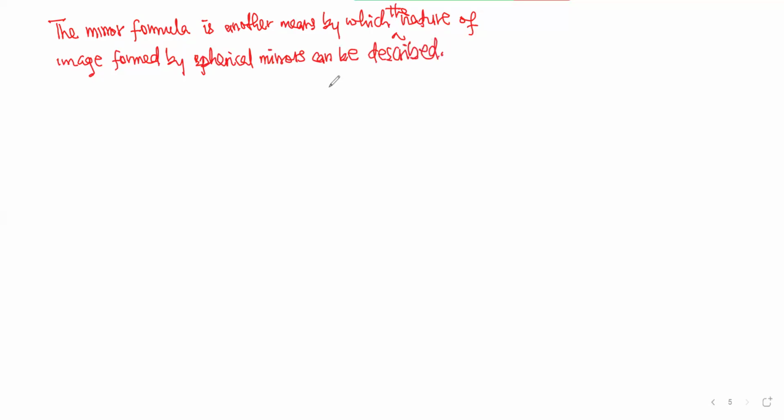Okay. So another way of describing the nature of image formed in a curved mirror, aside from the ray diagrams.